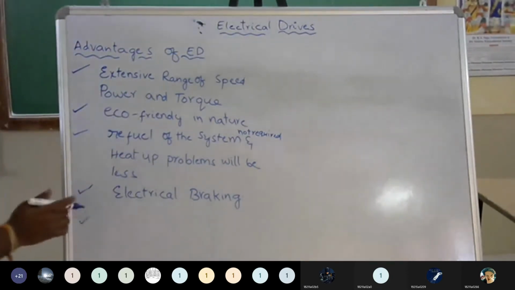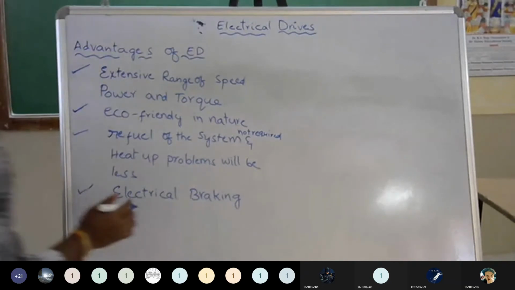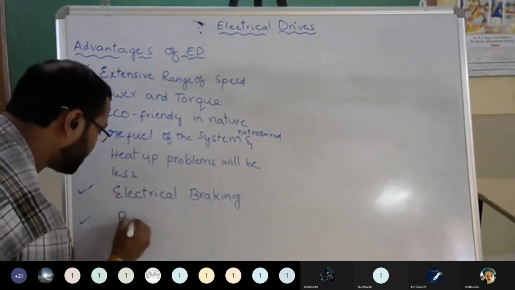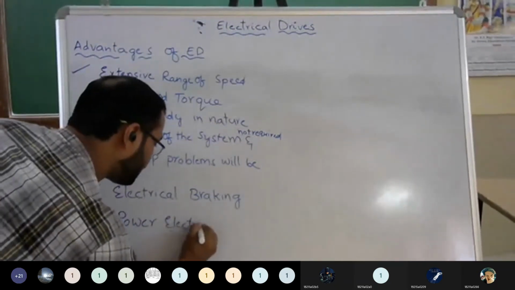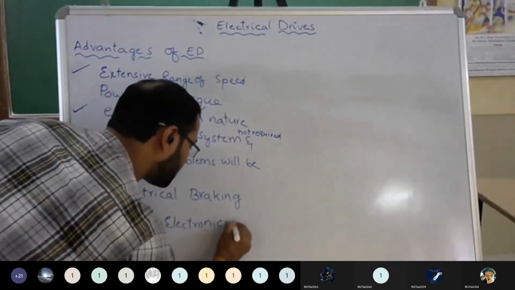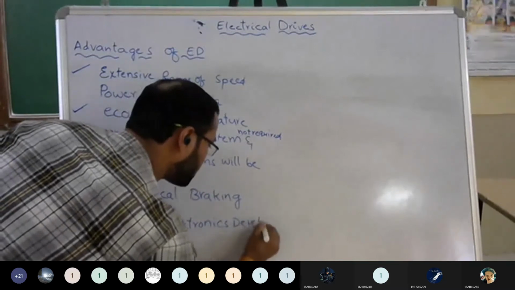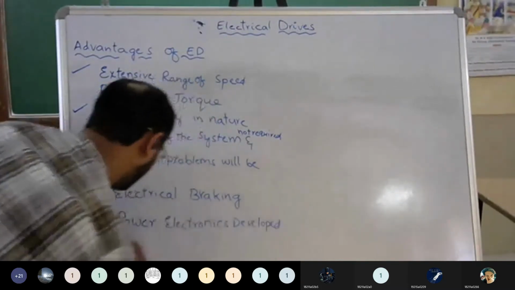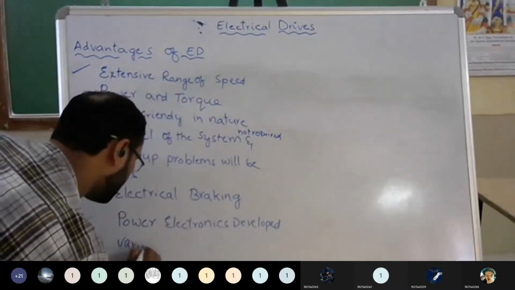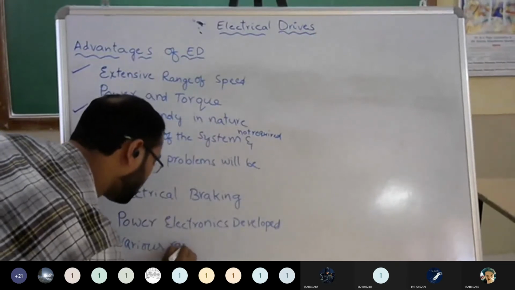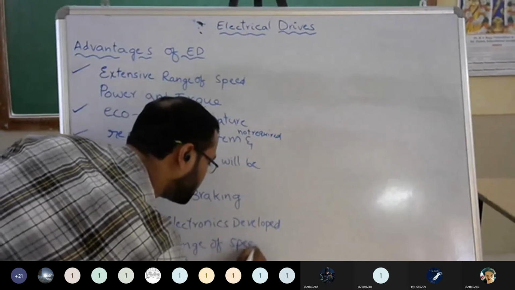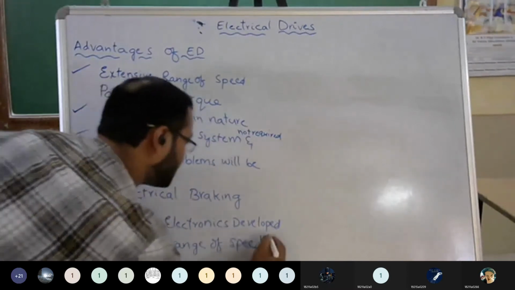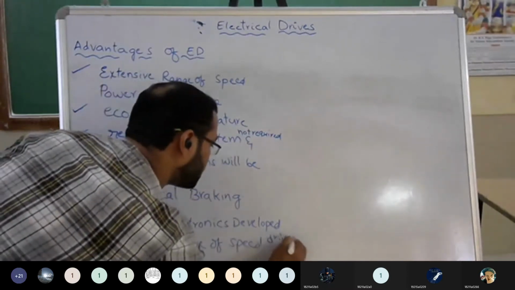Electrical braking is possible because power electronics has developed. Various ranges of speed drives are available.